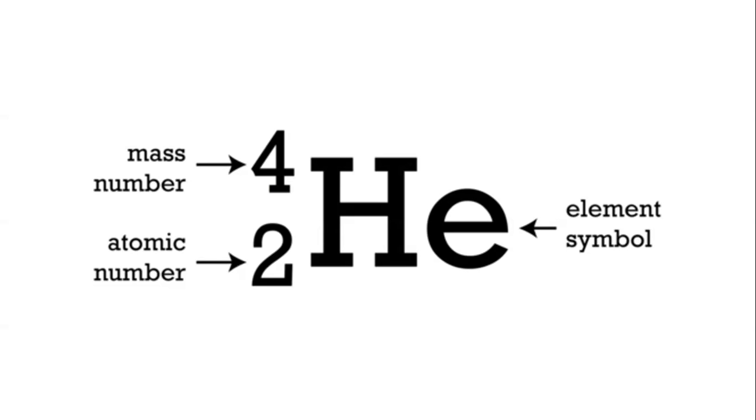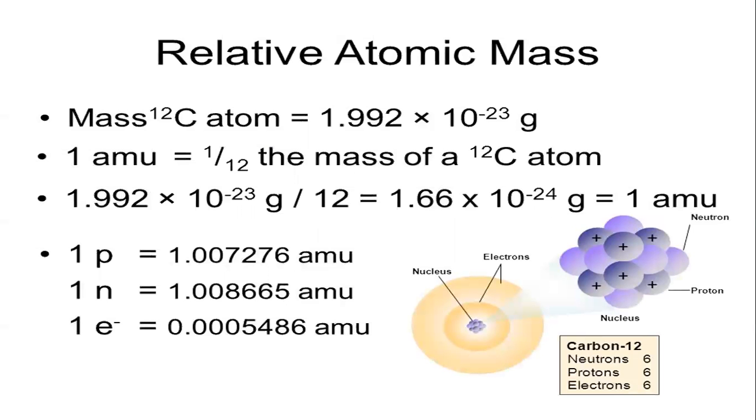There's another number in the box above for helium. That number is the mass number, which is the mass of the atom in a unit called the atomic mass unit. One atomic mass unit is the mass of a proton, or about 1.67 times 10 to the negative 27th kilograms, which is an extremely small mass.